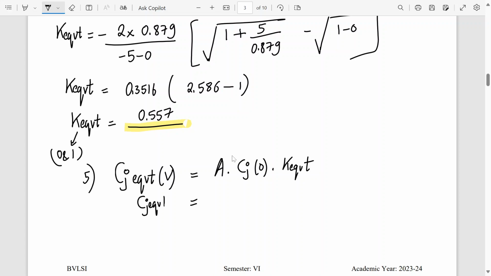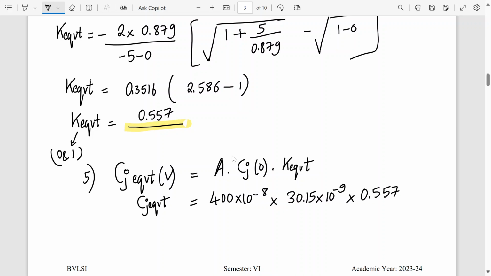Cj equivalent. A is 400 into 10 is to minus 8. Cj0 is 30.15 into 10 is to minus 9, and K equivalent is 0.557.